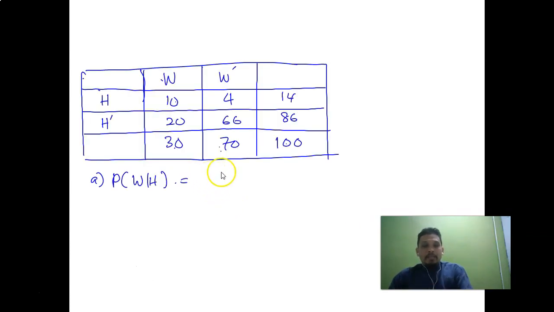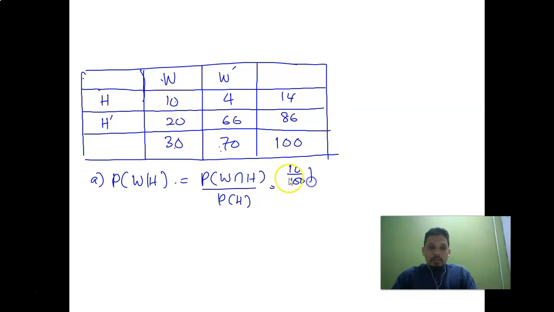So it is the probability of W intersect with high blood pressure divided by the probability of high blood pressure. The intersection between W and H is 10 over 100. Divide by the probability of high blood pressure, 14.